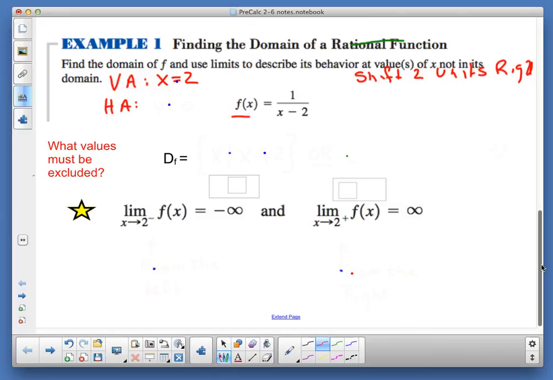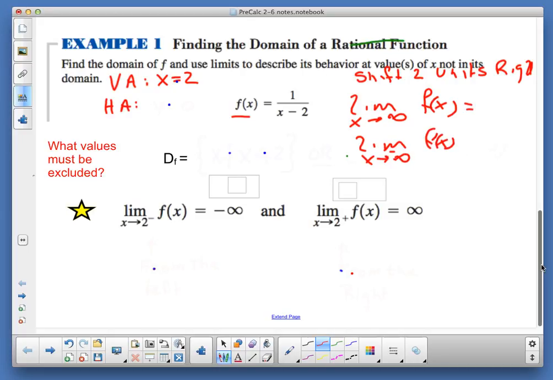Now we've talked about the limit for the horizontal. So as x approaches infinity of f of x, or the limit as x approaches negative infinity of f of x, we're talking about what it is going to approach.